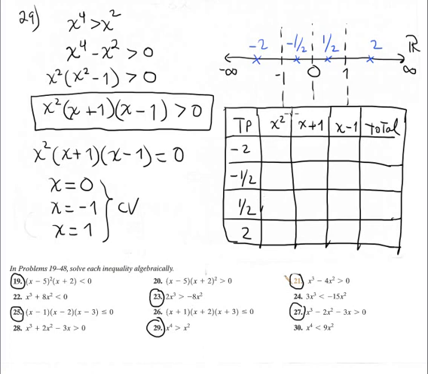Let's evaluate. Well, this is a square, so obviously it doesn't matter if the value is positive or negative. This column is always positive because it's a square.